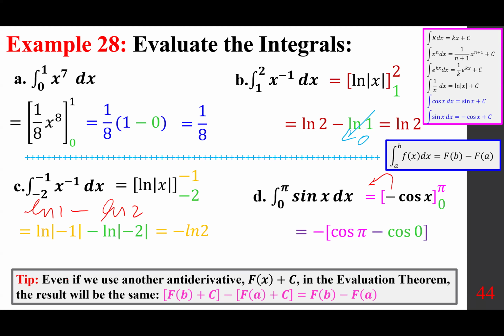As you know, cosine pi is negative 1, and cosine 0 is positive 1. So you get minus 2 here. This negative makes it positive 2. Very straightforward.